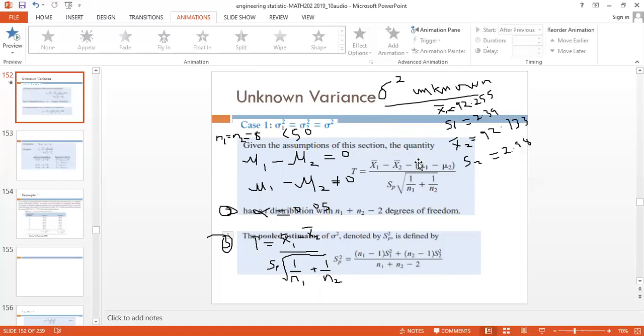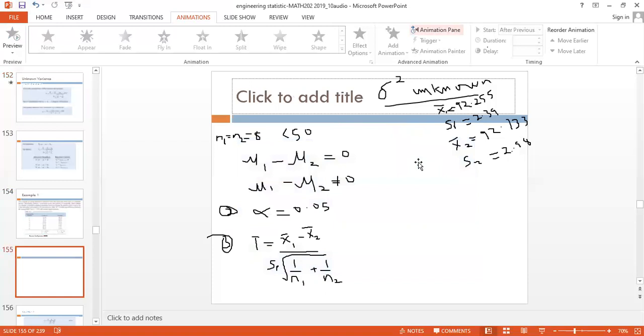So let's go back and do the calculation. You have to help me with the final estimation. So s pooled will be, just a minute, please.